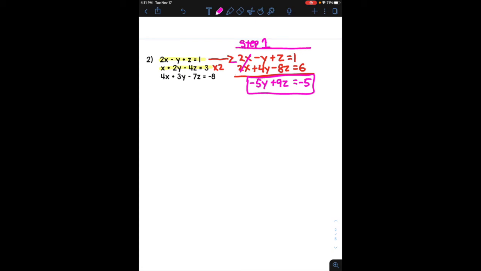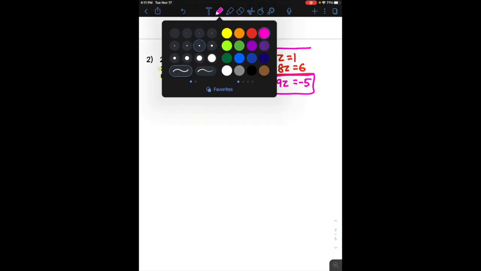Step 2 is very similar to step 1, in which we're going to take 2 equations and eliminate the same variable. So for step 1, I used the first 2 equations. For step 2, I need to use 2 different equations, but eliminate x again. So the easiest route I could see to do that is to take the second and third equations, multiply the second equation by 4, and then subtract the equations to eliminate x again.